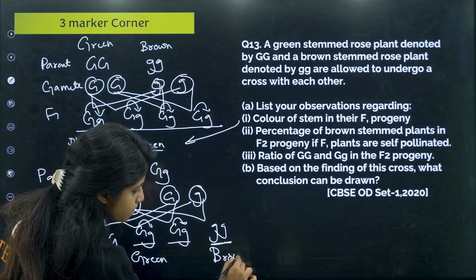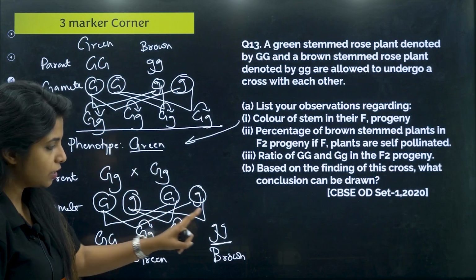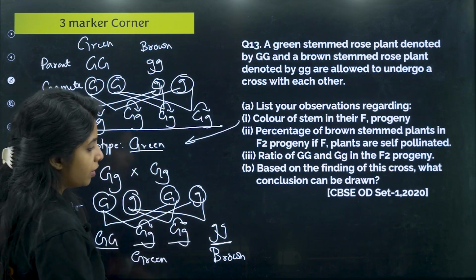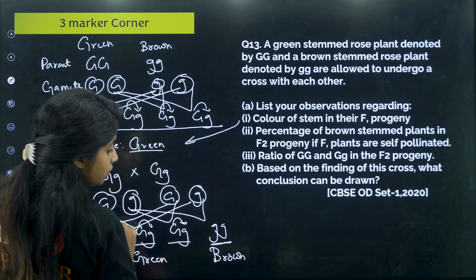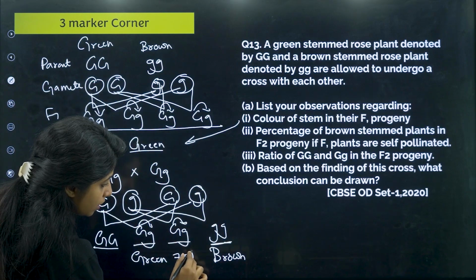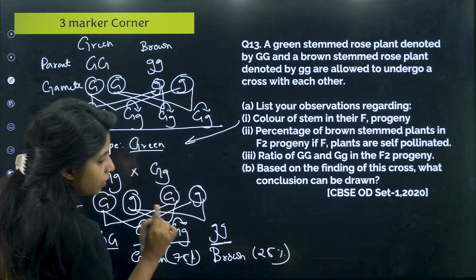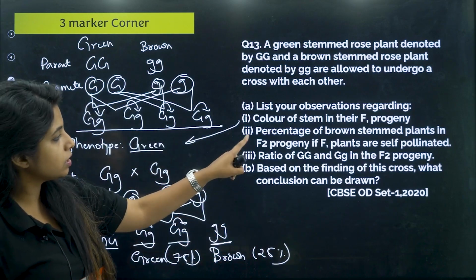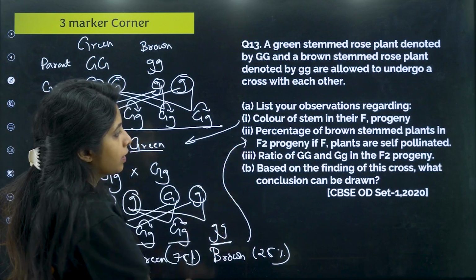So, out of 4, if one is brown, then out of 100, 75 of them are green. 75% of them are green. Only 25% of them will be what, children? Brown. So the percentage is 25%. You have to show it.